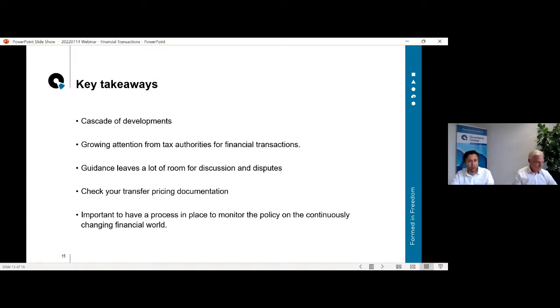There's a lot of room for discussion and disputes, so be prepared and prepare documentation that not only fulfills the check-the-box items, but also includes a nice storyline why you come to a certain conclusion. And also, it's important to have a process in place to monitor these transactions and also the risks involved.